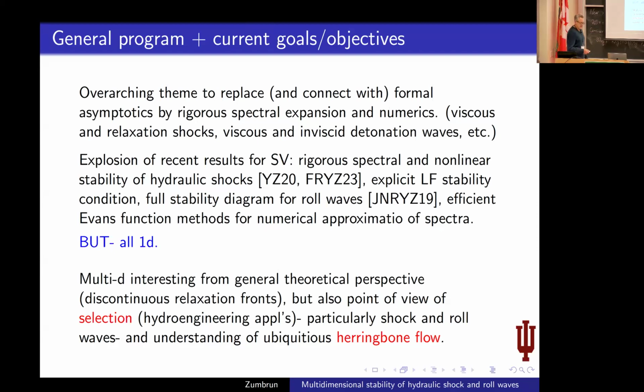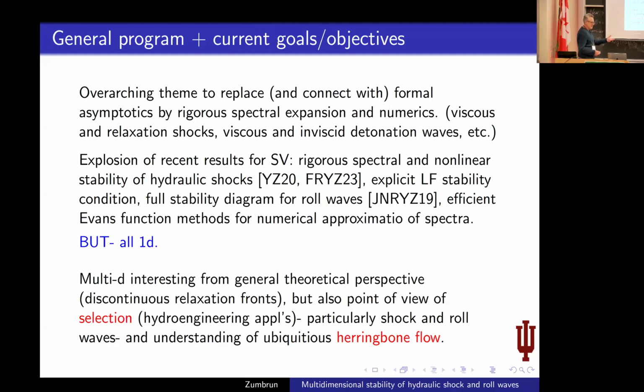Here we have 2 things to help us. 1, Mascia already did it. And 2, it's not really full multi-D. It's in a channel. And that means in the orthogonal direction between the walls, if you were to Fourier expand, you're doing a Fourier series, not a continuous Fourier expansion.